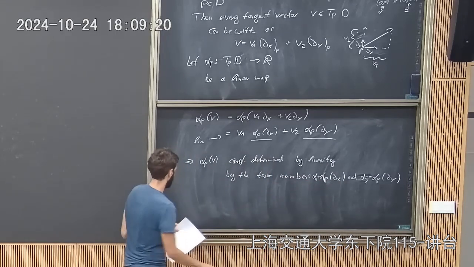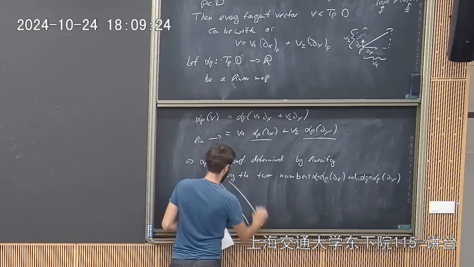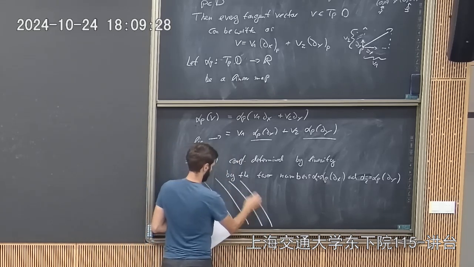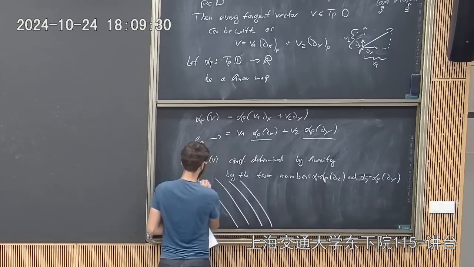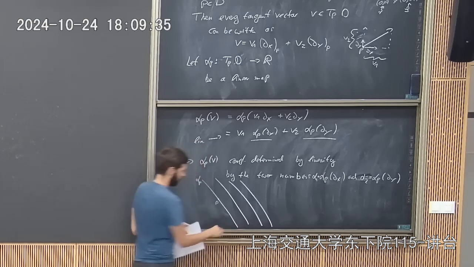And if you want to think of that in terms of these planes, that's the alpha, the alpha p here. So p is here.